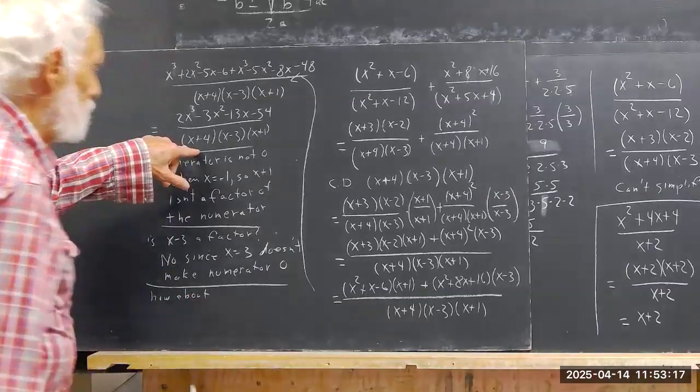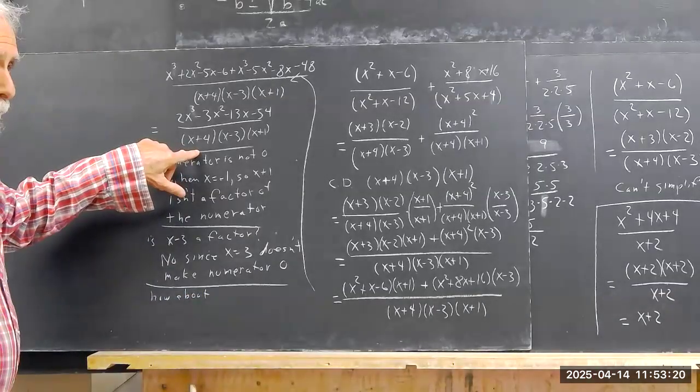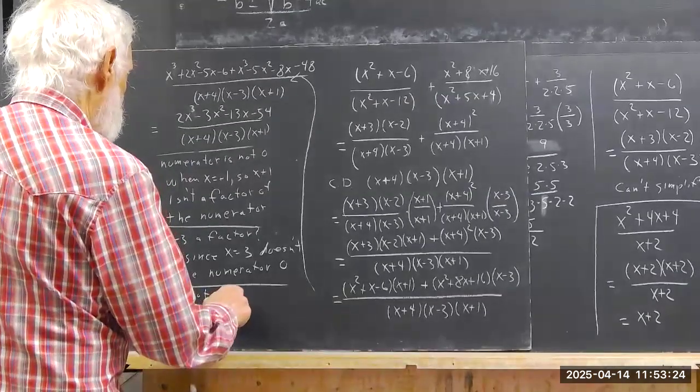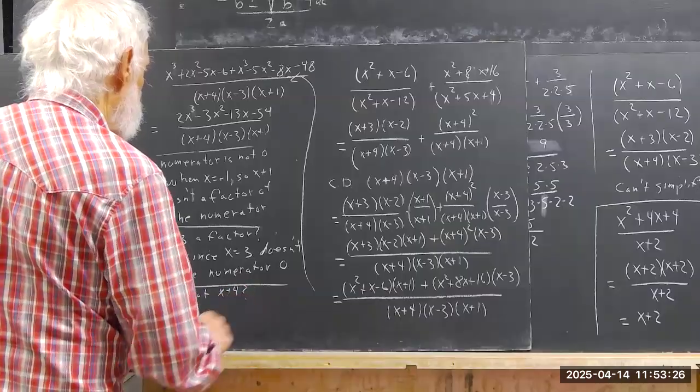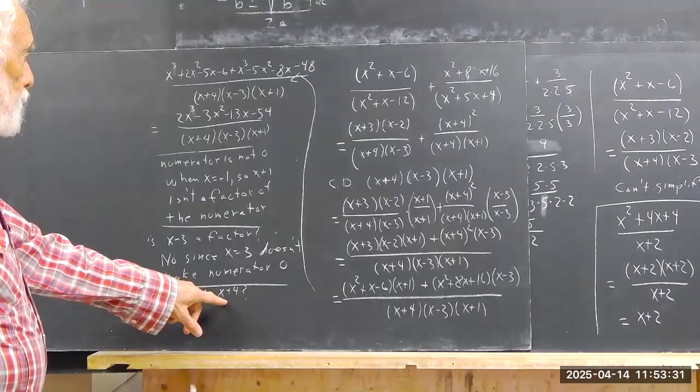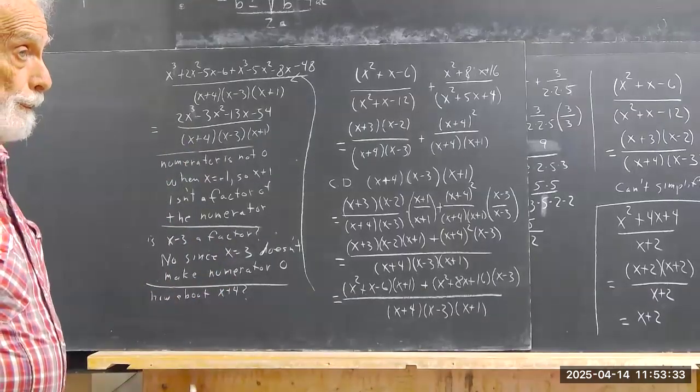Okay, well, the only other factor left in the denominator is x plus 4. What am I going to do? I'm going to try substituting x equals -4 up here.